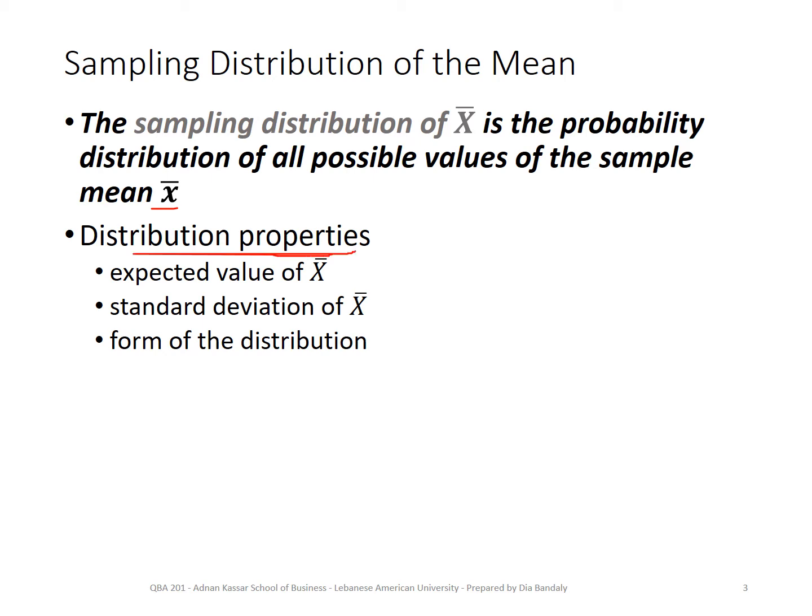And the three most important properties are the expected value, the standard deviation, and the form. For the form, we already have some hints from the previous slide, and also for the expected mean. And we're going to see what about the standard deviation. But in order to describe that sampling distribution specifically, we need to look at these three properties.